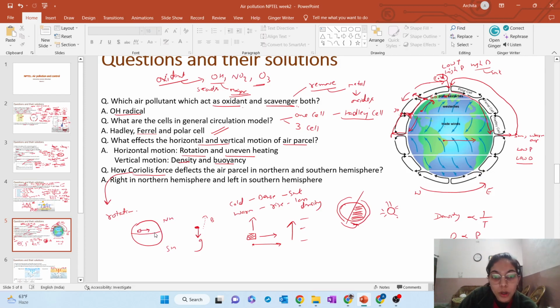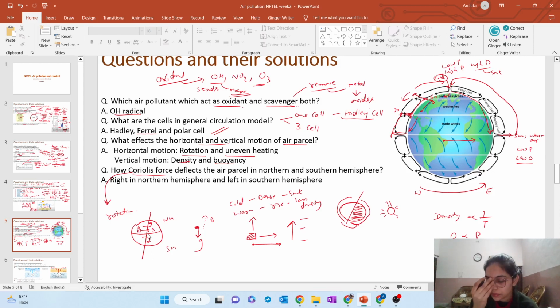I'm talking about horizontal motion here. So from point A to B, a particle is moving. Now what the Coriolis force does is that because of the rotation of the Earth, it moves the particle moving from point A to B towards the right in the northern hemisphere, and towards the left in the southern hemisphere.